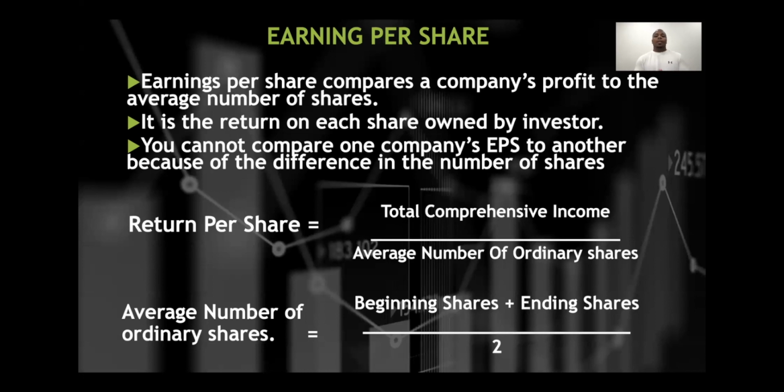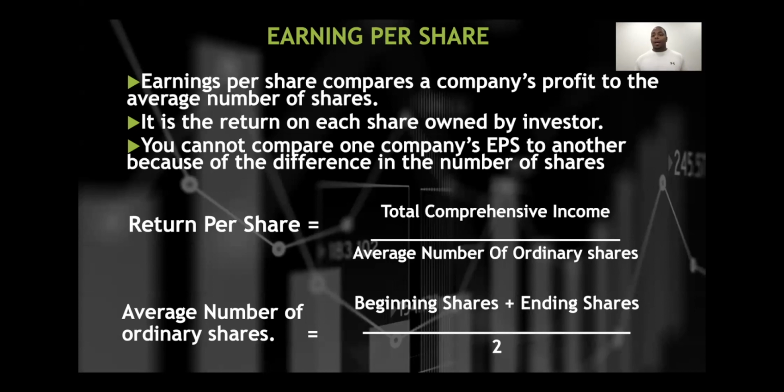So one company can make 40 million and another company could make 40 million, but the earnings per share will probably be different because they have different amounts of shares, right? And if one company has 100 million shares and the other company has 50 million shares, then the company with 50 million shares' earnings per share is going to be bigger than the one with 100 million shares, right?